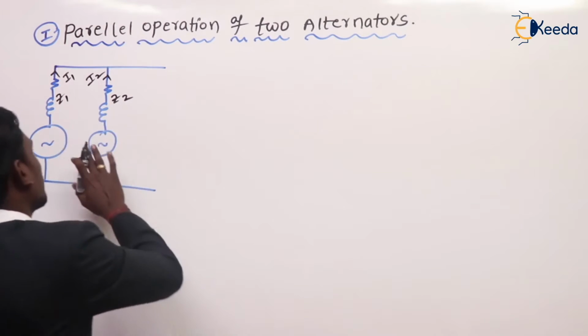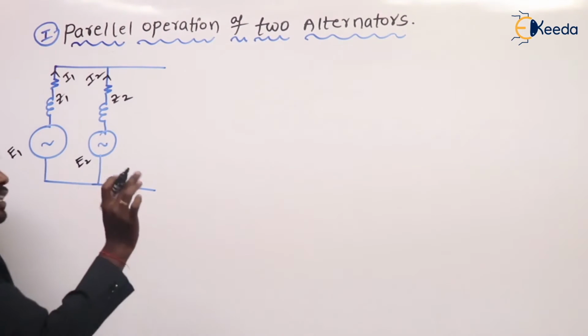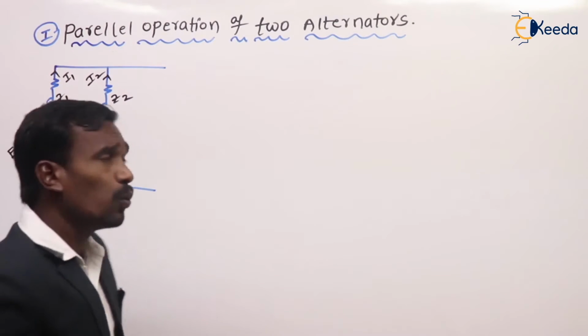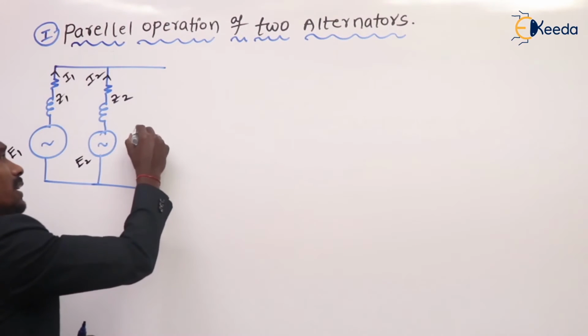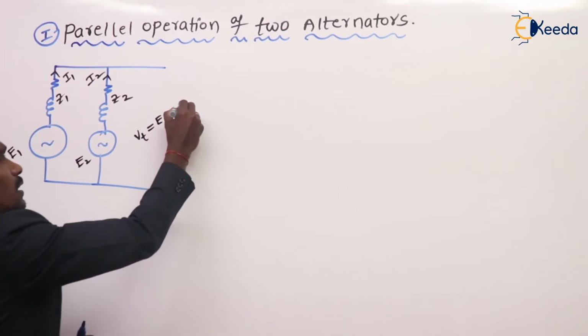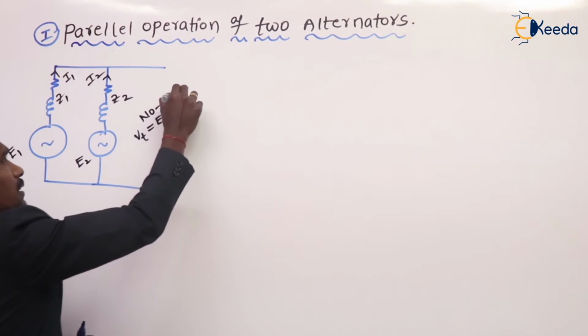So here, for example, terminal voltage same, nothing but these EMFs also mostly same, because under no load condition there is no current. If there is no current, the terminal voltage is equal to E1 is equal to E2 at no load condition.